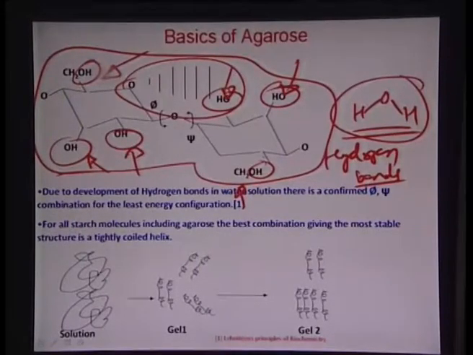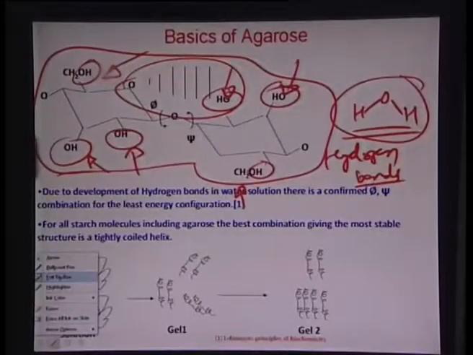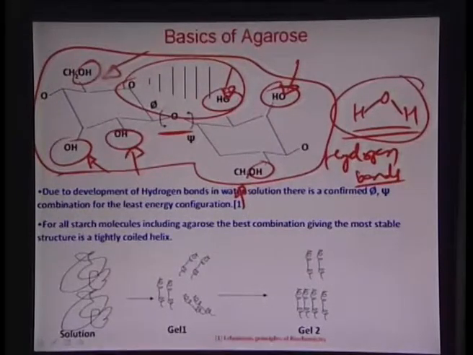And therefore, there is a tendency of this particular molecule to turn around its axis. One half of the molecule would take a clockwise rotation, if you see from this end, and the other half would go in the anti-clockwise direction around this central glycosidic linkage, the central bond, as illustrated here.